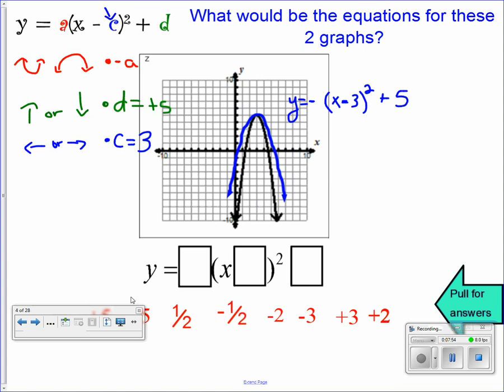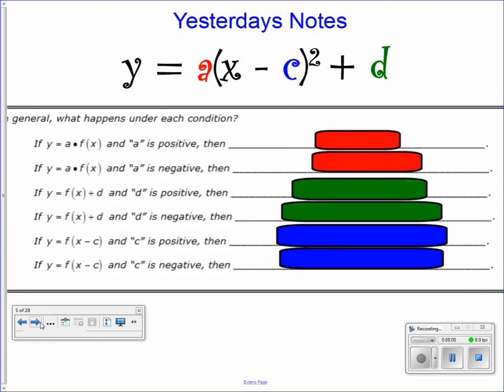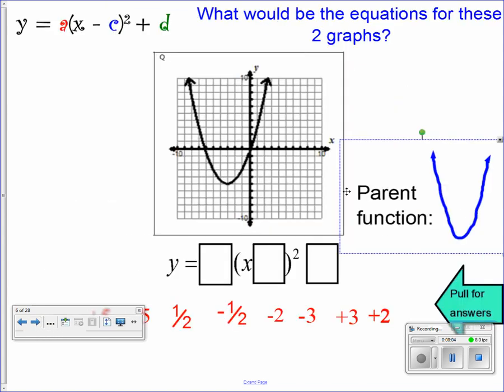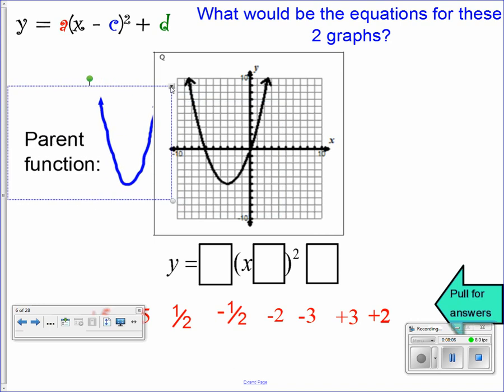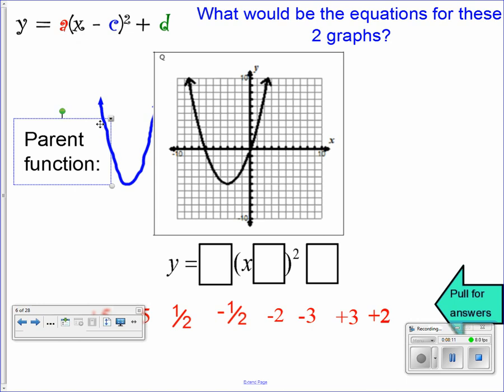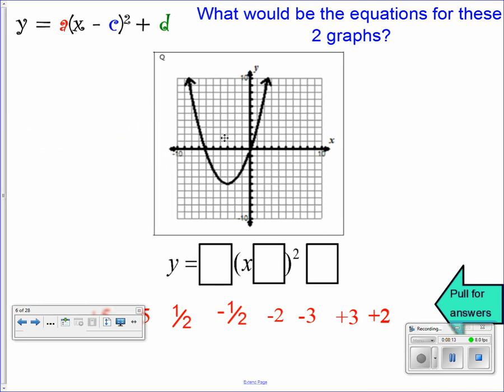So now let's look at graph letter Q at the top of today's notes. All right, so let me grab my parent function because we're always going to compare it back to the parent function.